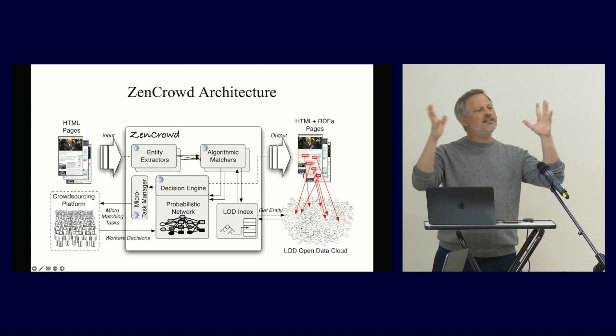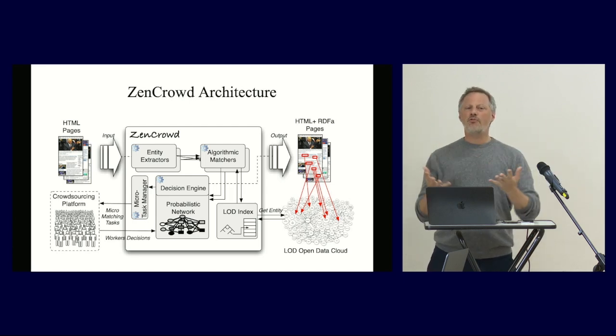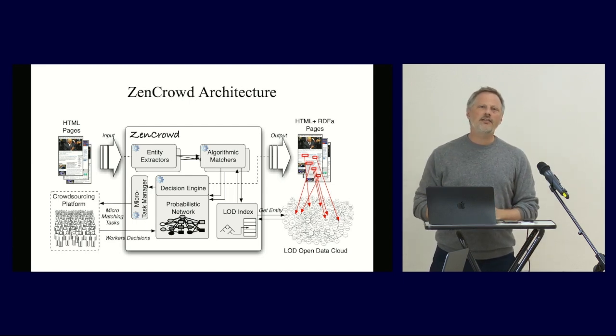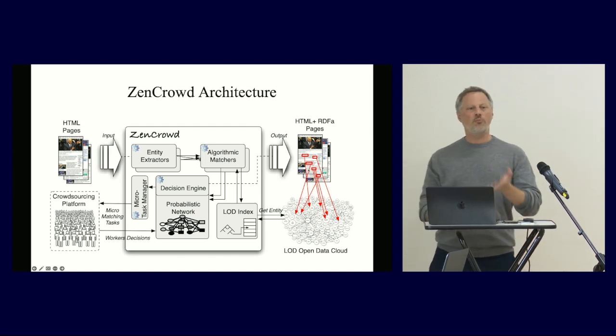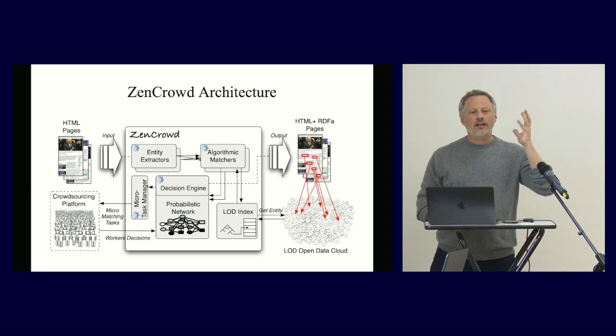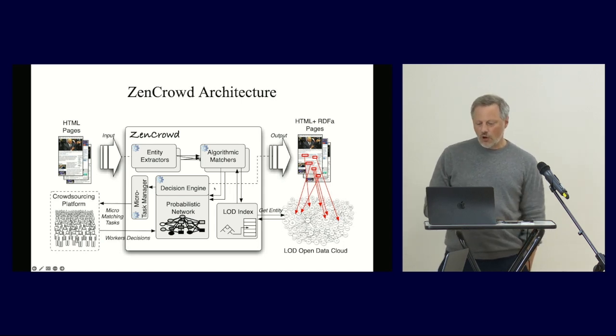And then you have the cases in between, where you have the president of the United States, and some algorithmic matchers, AI matchers these days, will tell you, oh, this is Joe Biden, and some other matchers will say, oh, no, this is Donald Trump, okay? And what do you do in that case? You ask humans. So in those cases, we have this big probabilistic network.